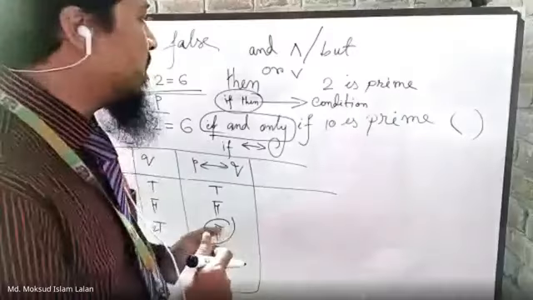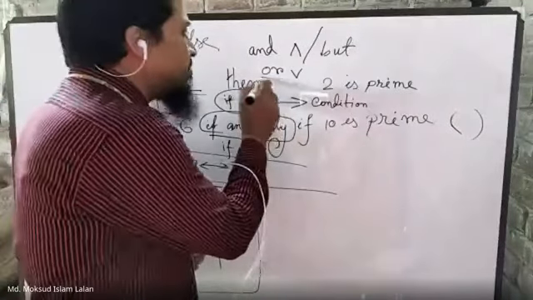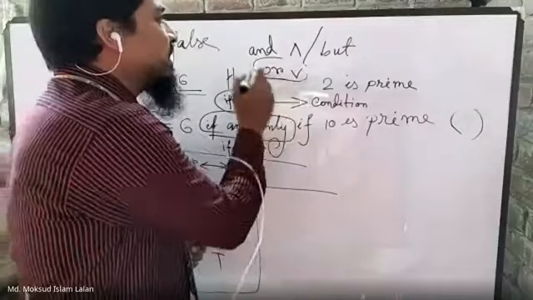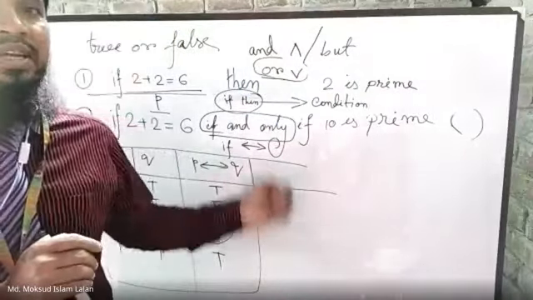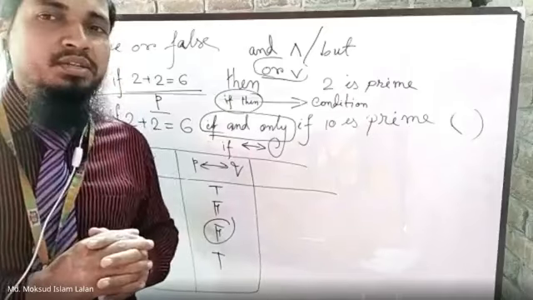Then what about exclusive or? Exclusive or also sometimes may be considered as a disjunction. Sometimes, I will explain it later, but not always.